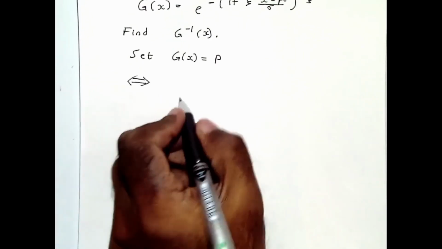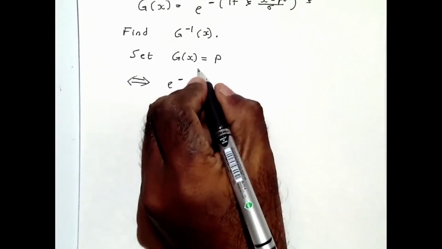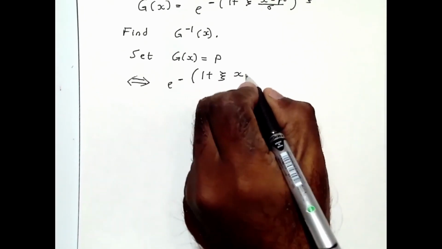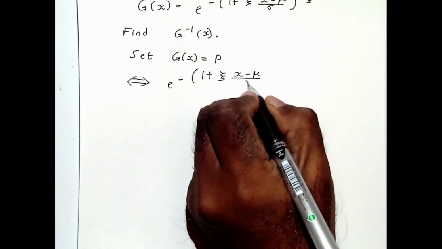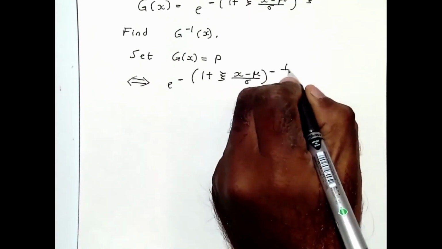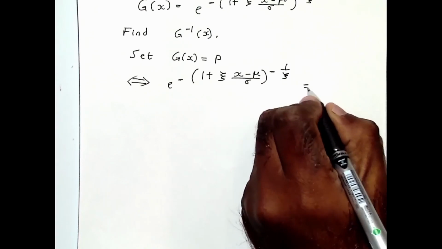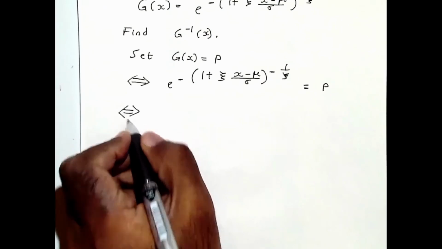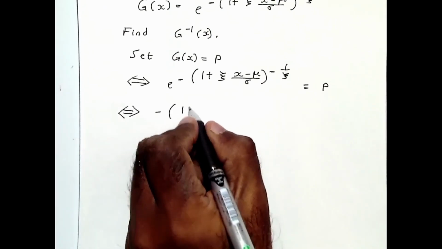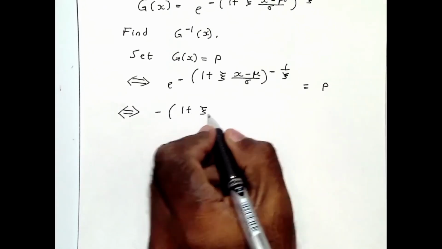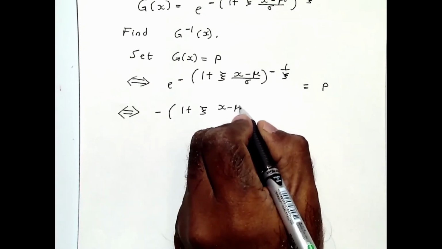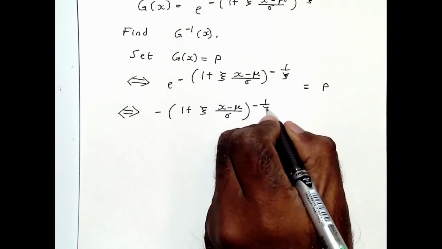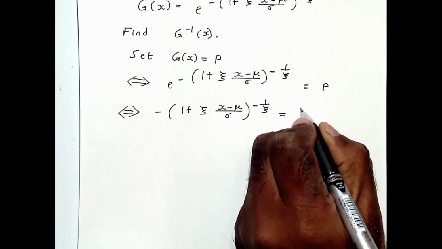Alright, so this is equal to p. Taking the logs both sides, you get minus, alright.